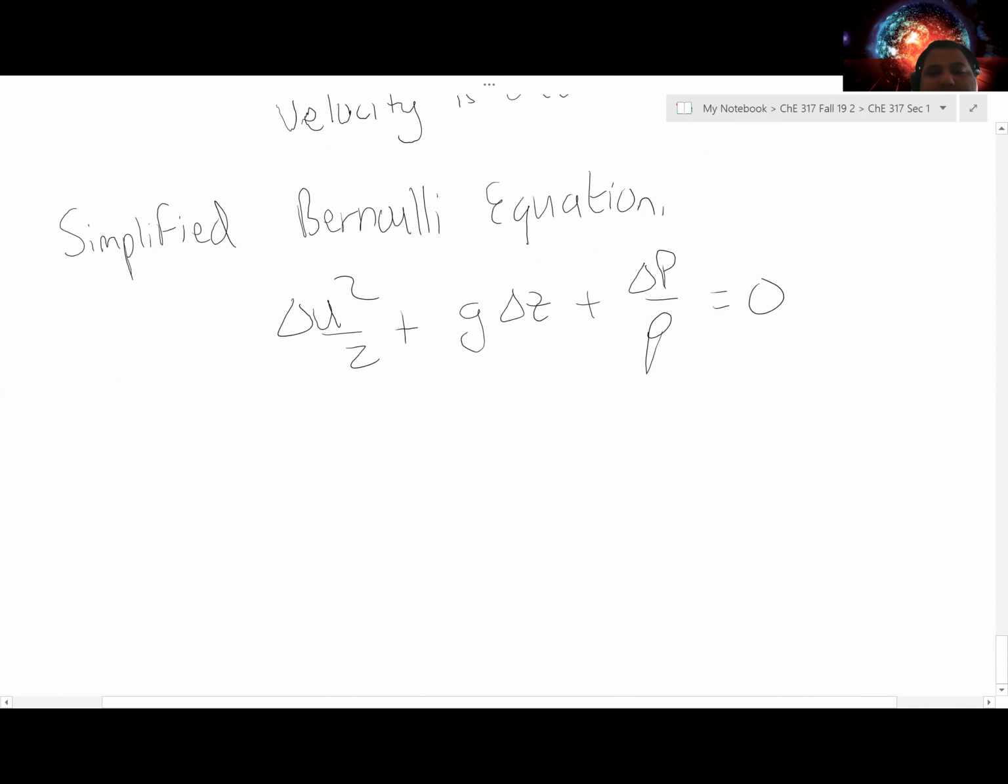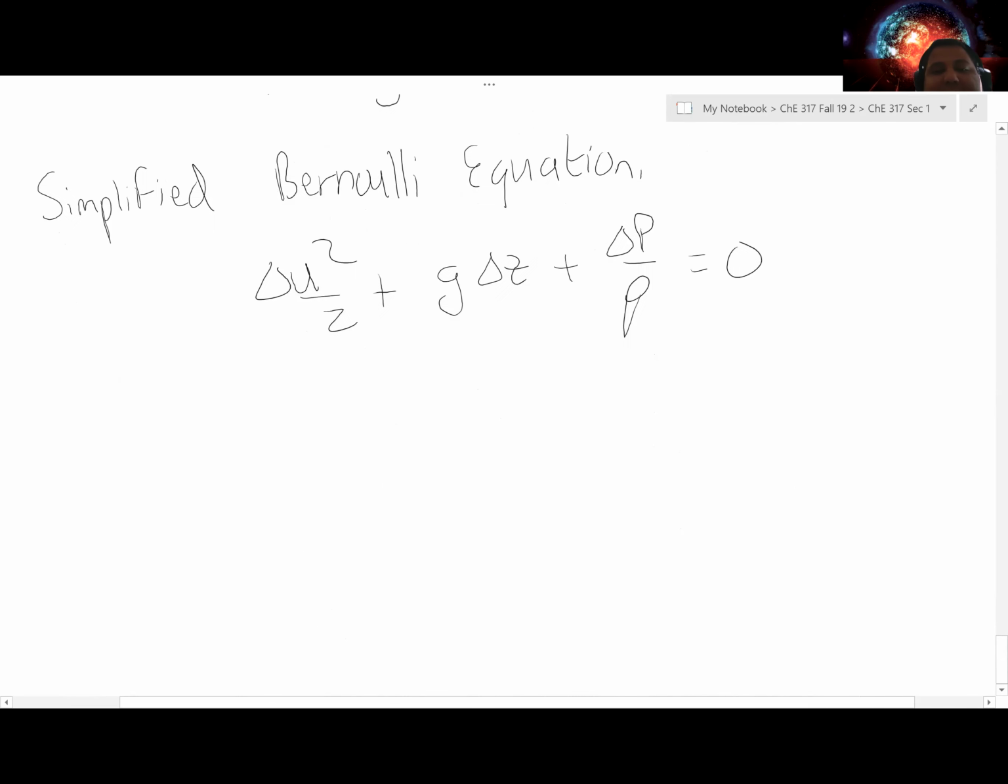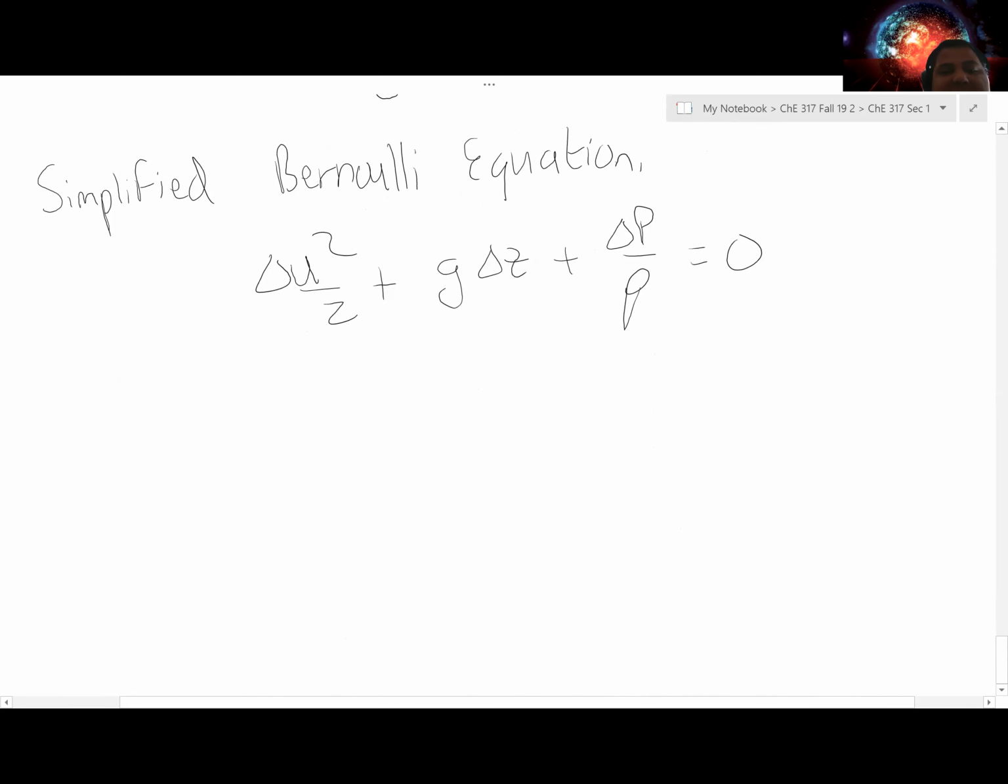And so if I spread this out, I have delta u squared over 2, that is u2 squared minus u1 squared over 2, plus g times z2 minus z1, plus p2 minus p1 over rho, equal to 0.